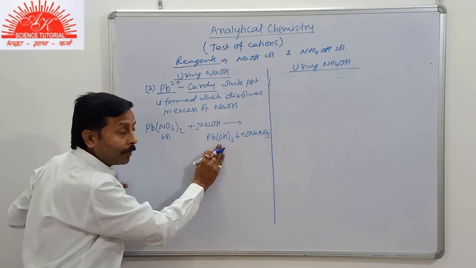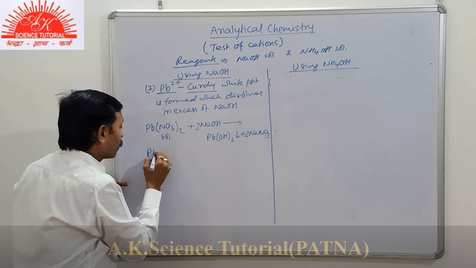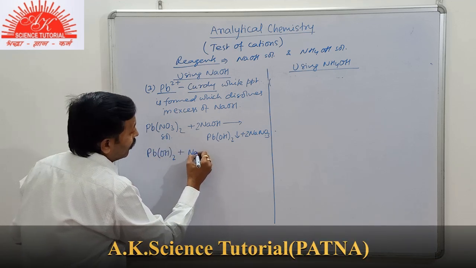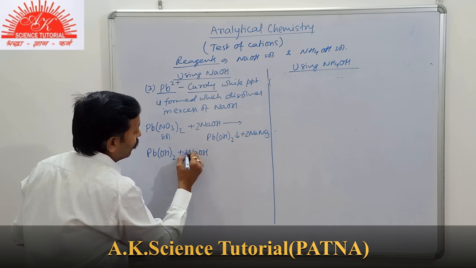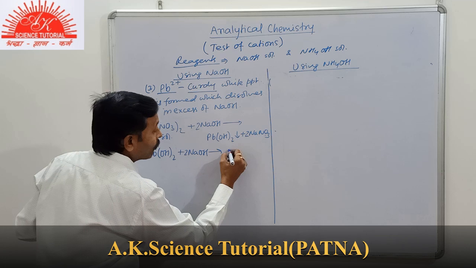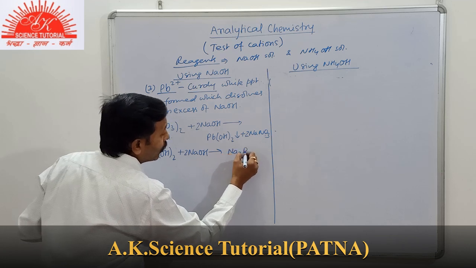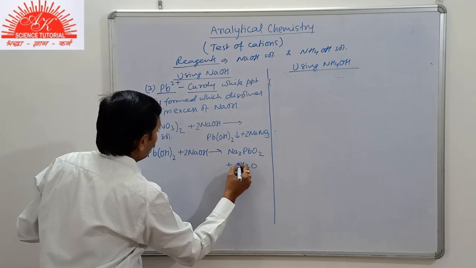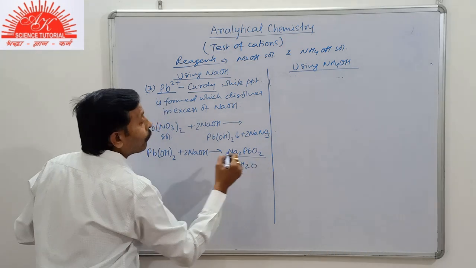The reason is again similar, that Pb(OH)2 is an amphoteric hydroxide. So it again dissolves in alkali, forming Na2PbO2 plus H2O. Sodium plumbate.